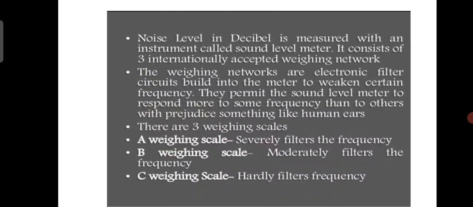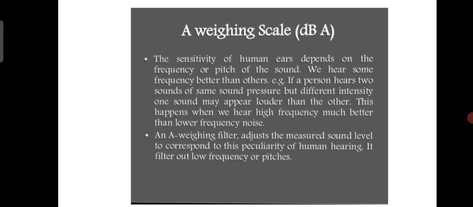The weighing networks are electronic filter circuits built into the meter to weaken certain frequencies. They permit the sound level meter to respond more to some frequencies than to others, to resemble human ears. A weighing scale is indicated as dBA, that is decibel measured using A weighing scale.